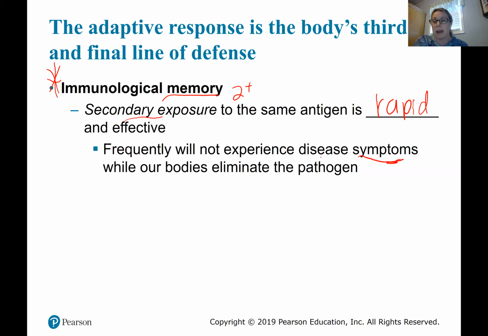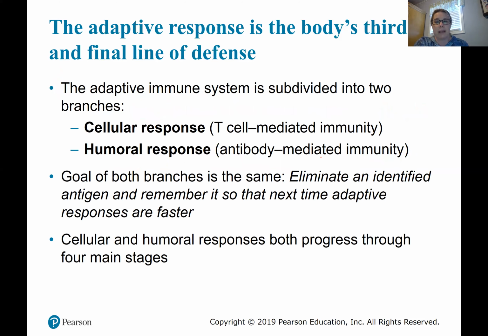You'll have the pathogen in your body, but the pathogen doesn't have a chance against your immune system. Or if you do experience symptoms, they are going to be quite a bit weaker than if you hadn't had that initial exposure.